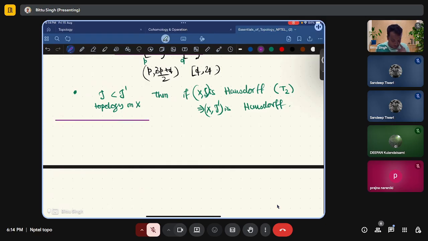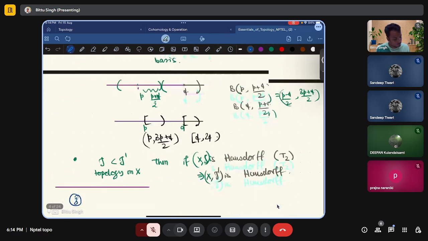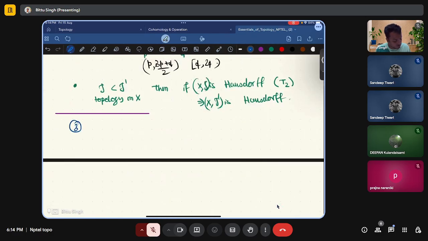Now let us see some non-example. Example 4: X with the indiscrete topology.